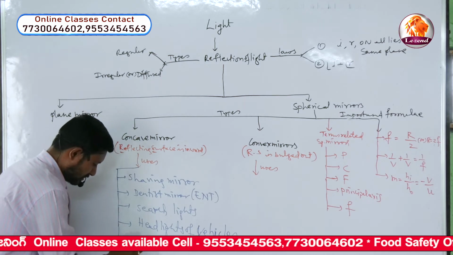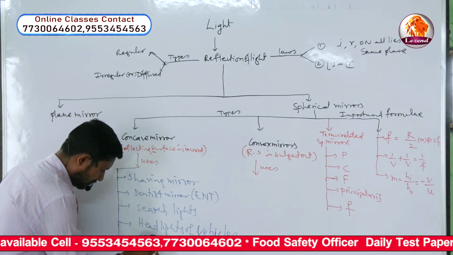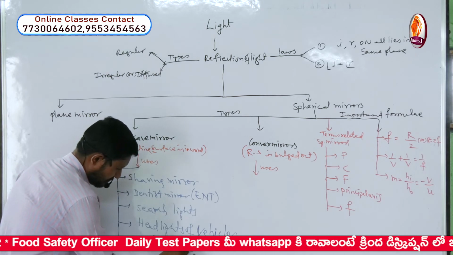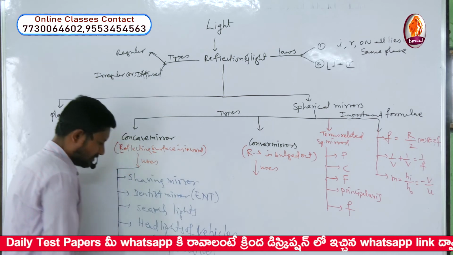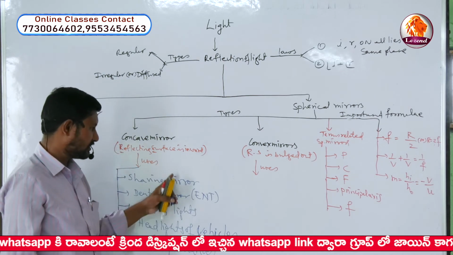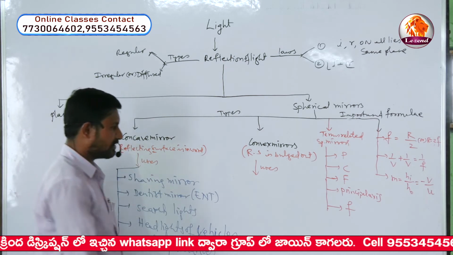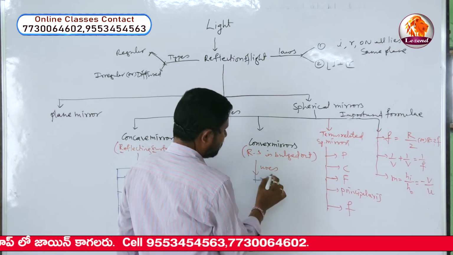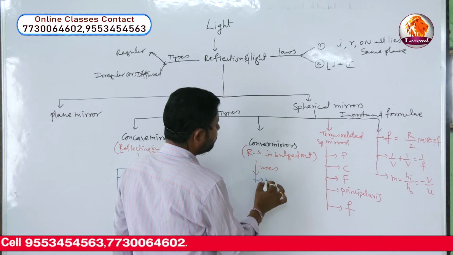And next, it is used in solar furnaces or cookers. These are some of the important uses of the concave mirror.